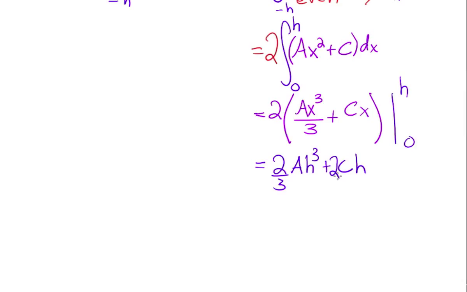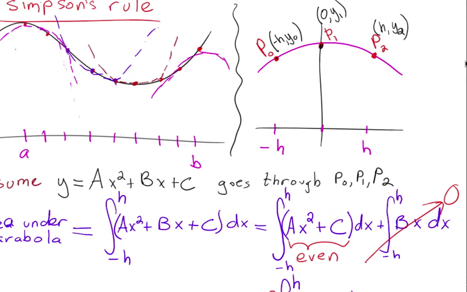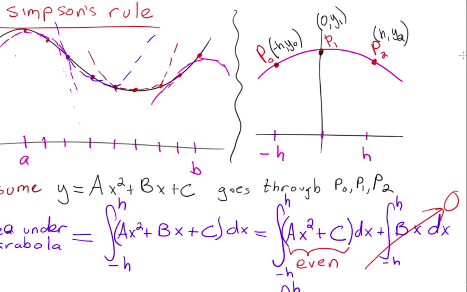Okay. So you know that's the area underneath the curve. What we're trying to do, let's go back and make sure that we're all on the same picture. Remember, we're approximating it numerically, right?